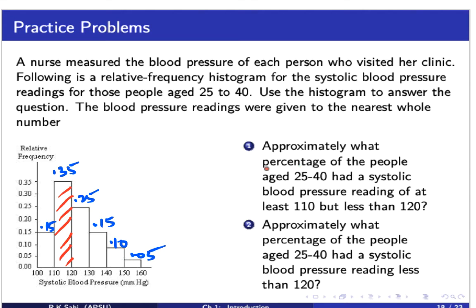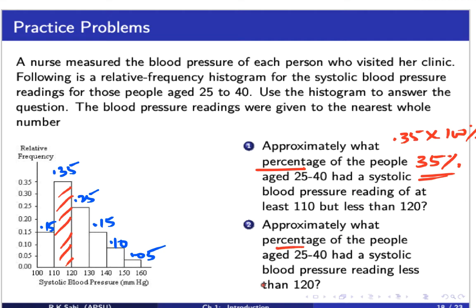Now the question says what percentage. Remember, we are giving it in decimal, so we have to change it into percentage. So the answer would be 0.35 times 100%. That's 35%. Okay, next problem.